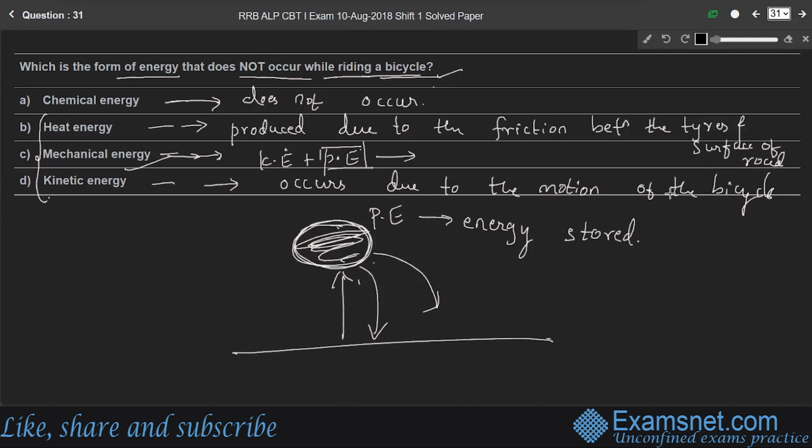Energy that allows a substance to undergo a chemical reaction is called chemical energy, and the bicycle doesn't undergo any chemical reaction. Therefore, chemical energy doesn't occur. Therefore, option A is the right answer.